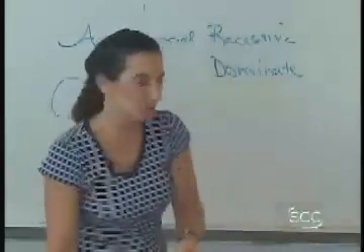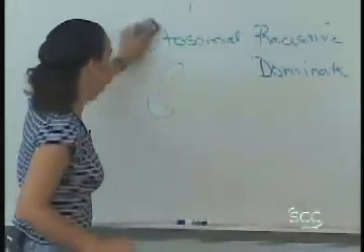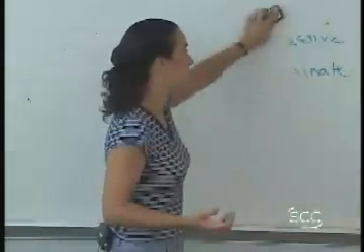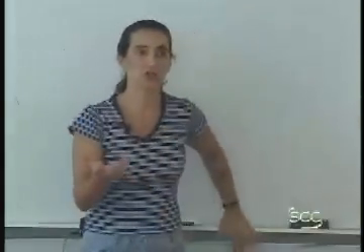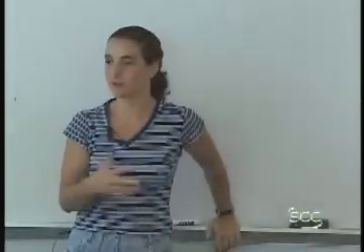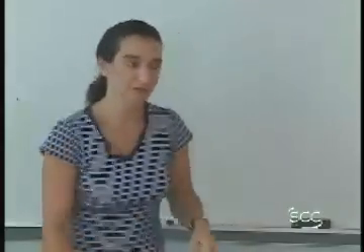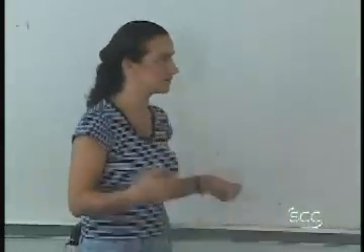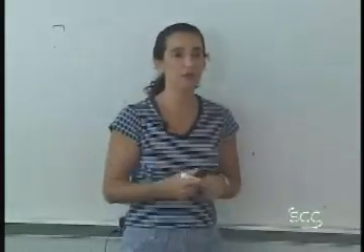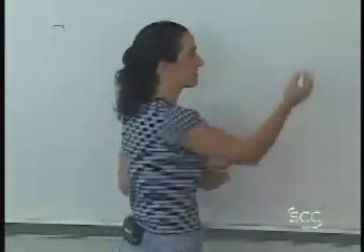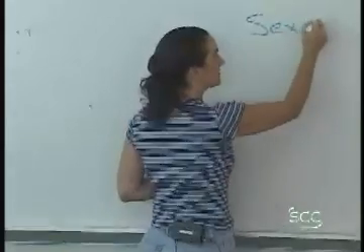All right, there's one more type of inheritance that I want to talk about. We talked about inheritance on just our 1 through 22 chromosomes. Any of those chromosomes, we can go through these inherited forms of diseases. But there's one other one that I want to talk about, which is sex-linked inheritance.